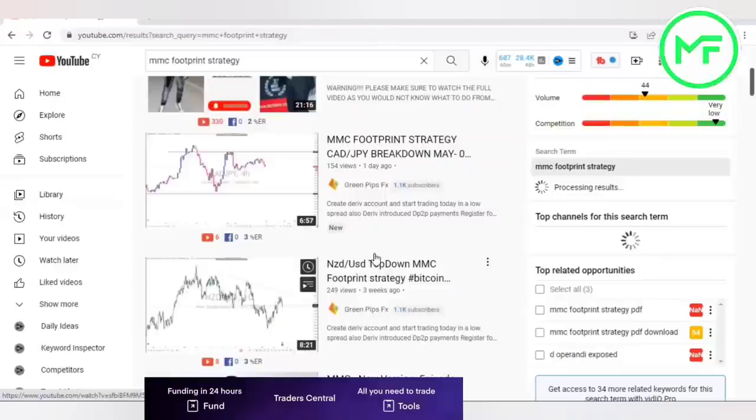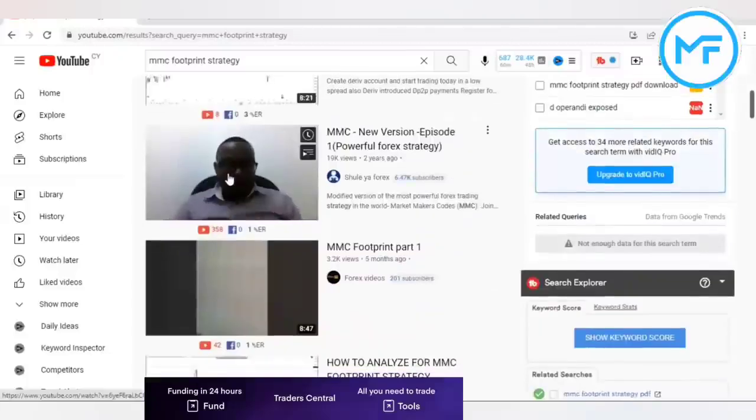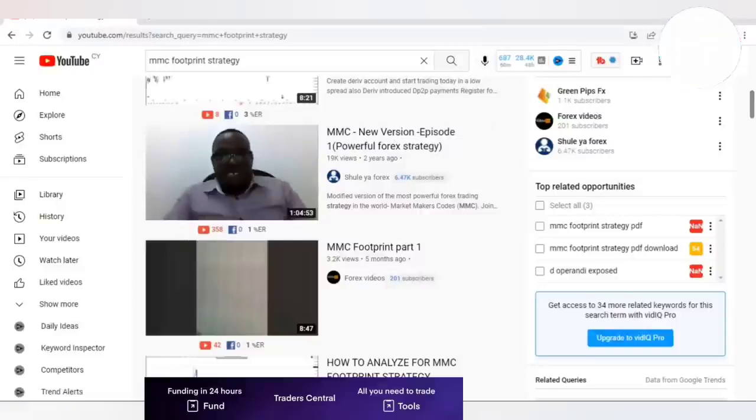Planning MMC footprint, right? There are a lot. This guy is also the founder of MMC footprint in a sense. He has some videos explaining, and they also have the new version which uses moving averages and stuff. Understand? Yes.